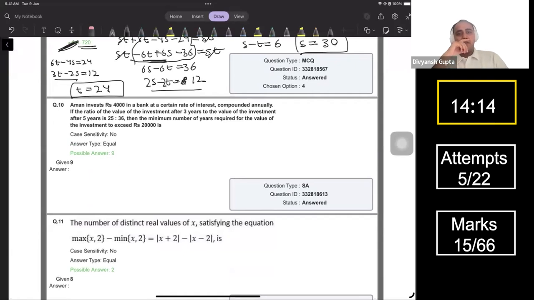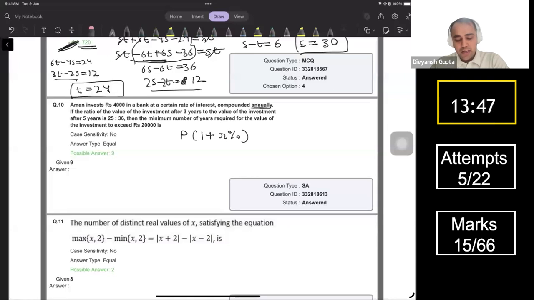Aman invests an amount at a certain rate of interest, compounded annually. The ratio of the value of the investment after 3 years to the value after 5 years is given, and we need the minimum number of years required for the value to exceed 20,000. We know the formula for the value: P into (1 + R%) to the power of the number of periods.